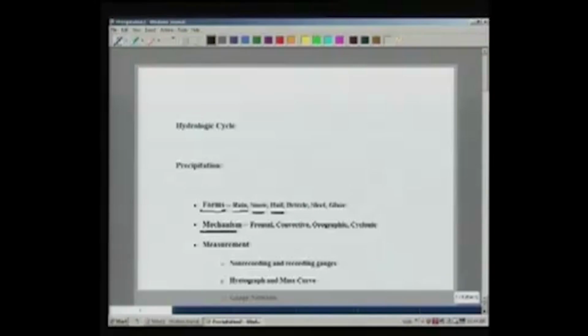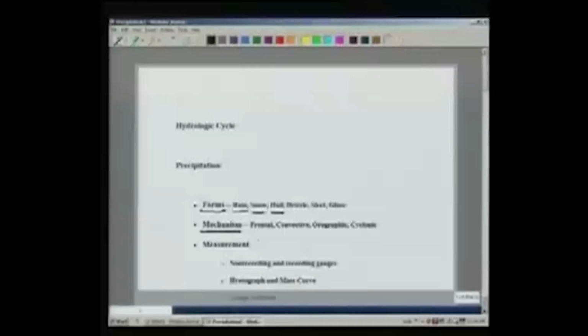When we study the mechanisms of rain, it can be caused by various different kinds of mechanisms. The important thing is that there is a mass of water vapor which should cool down so that the water condenses and then falls down. For cooling, we have a lot of different mechanisms.